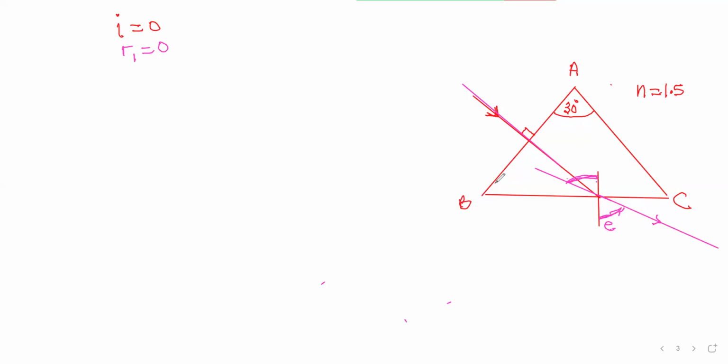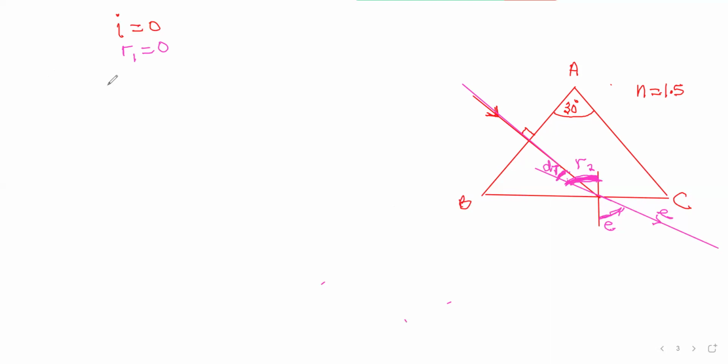Then the angle between the normal and the ray inside the prism at BC will be R2.